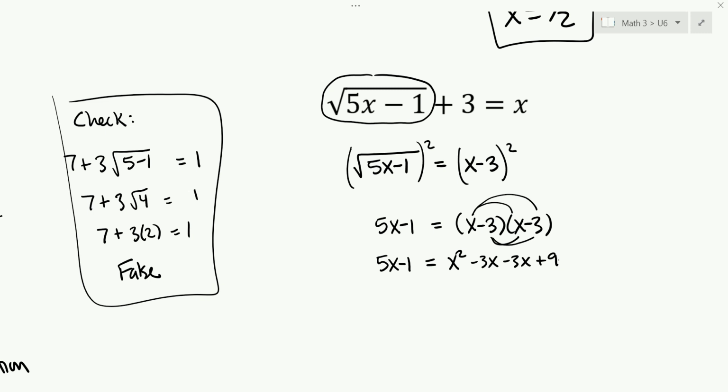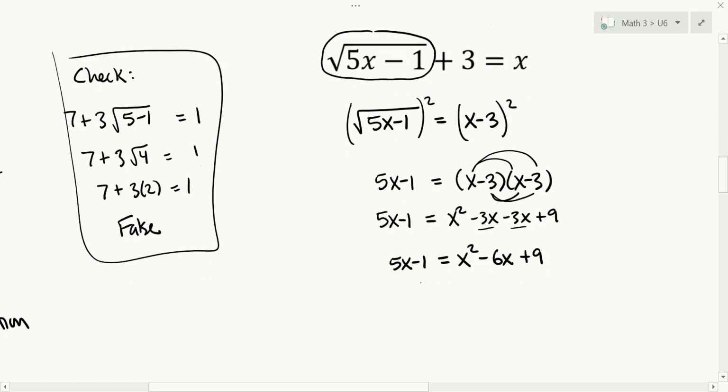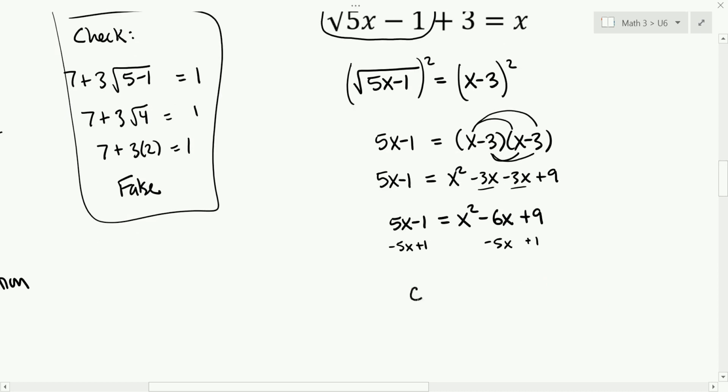Okay? So I'm going to first combine the negative 3x's and get 5x minus 1 is x squared minus 6x plus 9. And then I want to make this equal to 0, so I'm going to subtract 5x and add 1 to both sides. So on the left side of the equation, we end up with 0 equals x squared minus 11x plus 10.